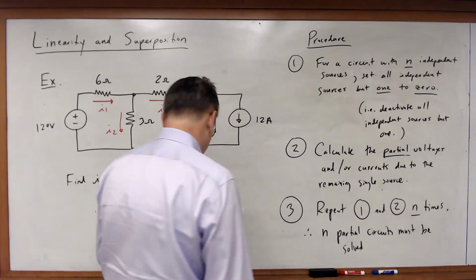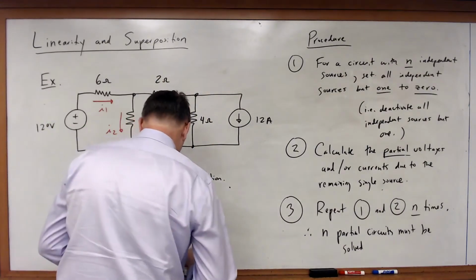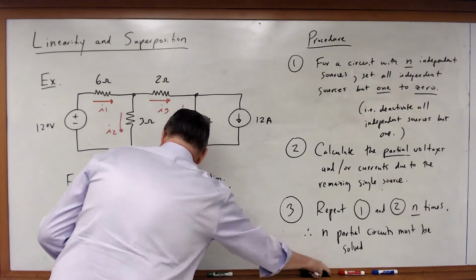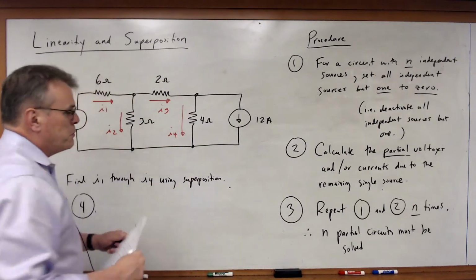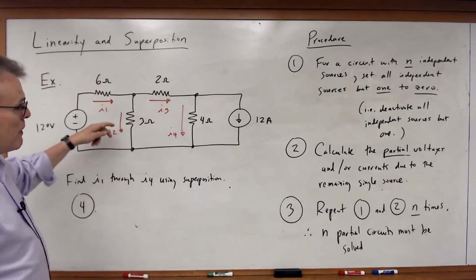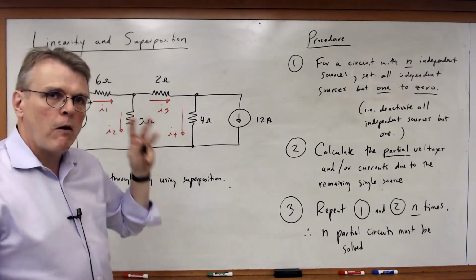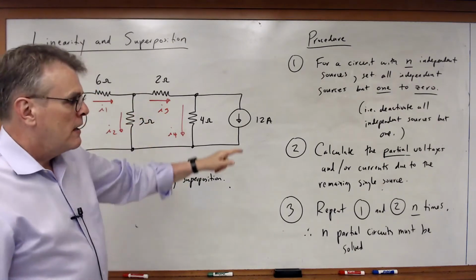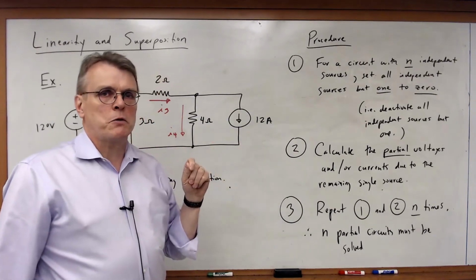All right? Step 4 is, once I do that, I can now go through and add together the partial voltages and currents due to the n different sources.